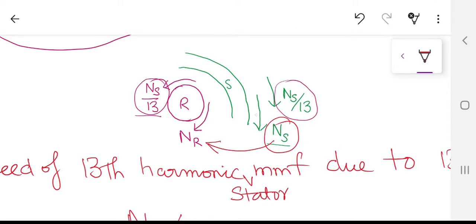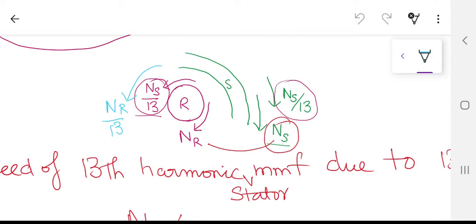And there is an ns by 13 phenomenon over here. Because of the MMF being produced inside the rotor, it is producing ns by 13. This ns by 13 is also going to produce another waveform that moves in the same direction, and that is going to be called nr by 13. Just like ns was producing nr, this ns by 13 on the rotor is going to produce another speed for the physical rotor speed, that is nr by 13.